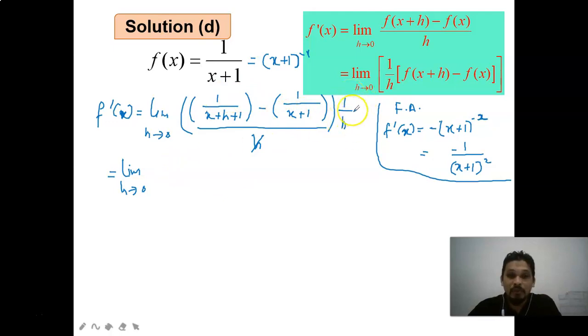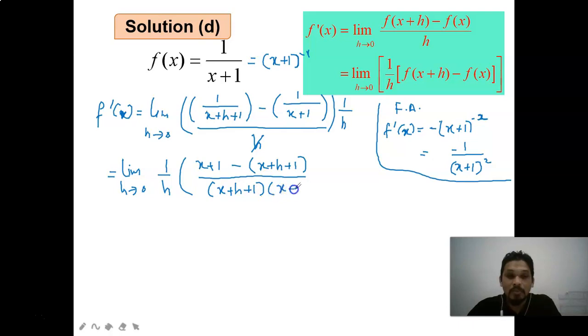So 1 over h here. 1 multiplied with this, we come up with x plus 1 minus 1 multiplied with everything here, x plus h plus 1, and divide by x plus h plus 1 multiplied with x plus 1. There you go.